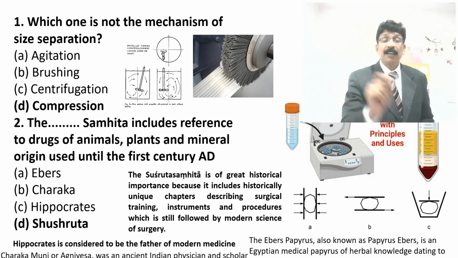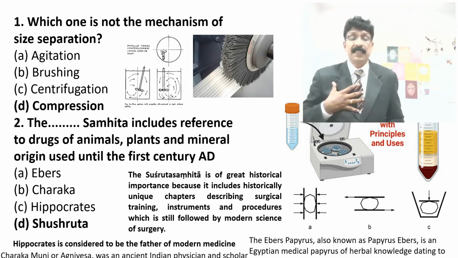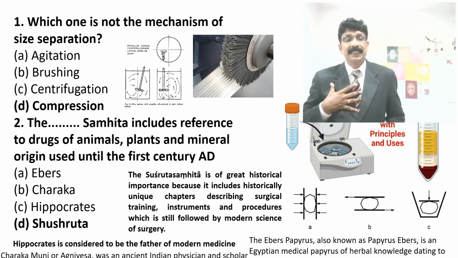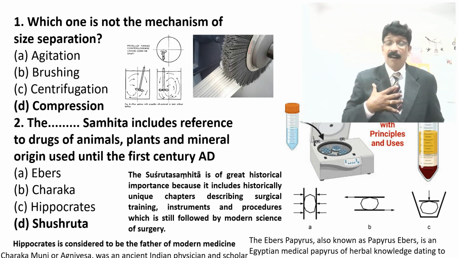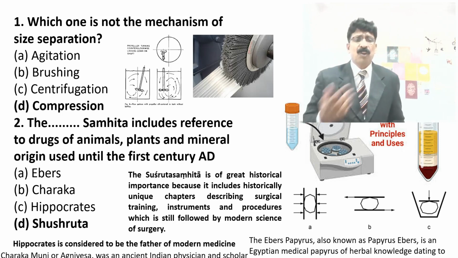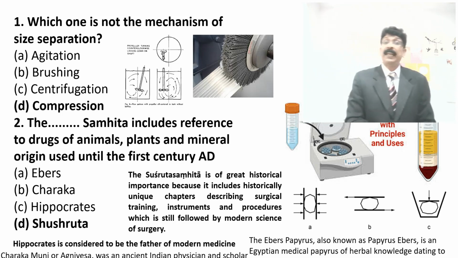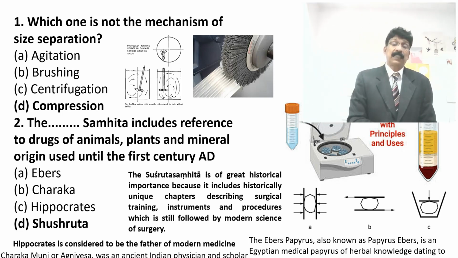And you can see Hippocrates, we know that he is considered to be the father of modern medicine. And Charaka Muni or Agnivesha, his name Agnivesha, was an ancient Indian physician and scholar who made significant contributions to the field of Ayurveda.